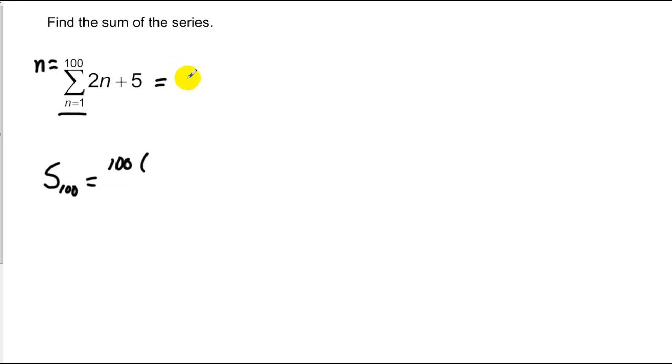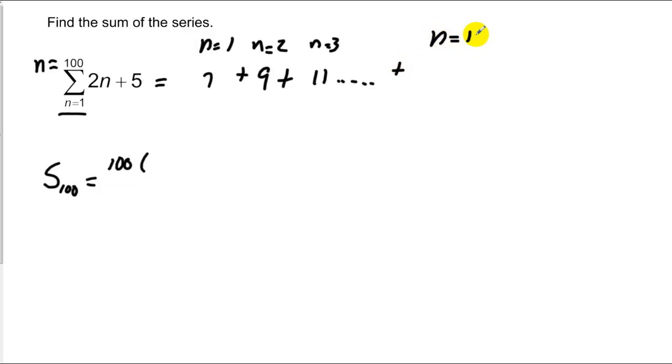So when I plug in a 1, I end up with 7. When I plug in a 2, I end up with 9. Plug in a 3, I end up with 11, etc., etc., etc., all the way till n equals 100, and I get 205.